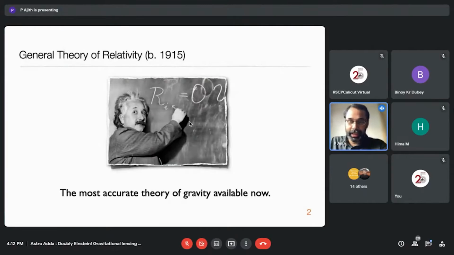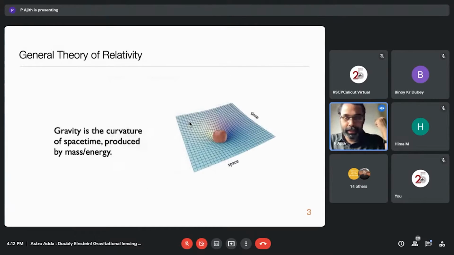The prediction that gravity bends light as well as gravitational waves comes from the general theory of relativity that was proposed by Albert Einstein in 1915. And as most of you know, this is the most accurate description of gravity that we have right now. And this is a very dramatic departure from the earlier description of gravity due to Isaac Newton, which describes gravity as a force between massive objects.